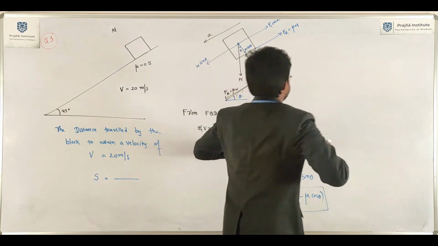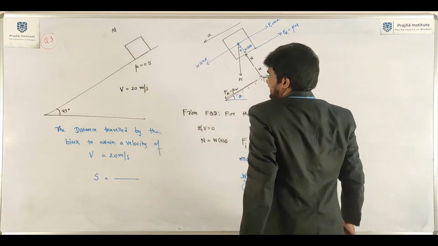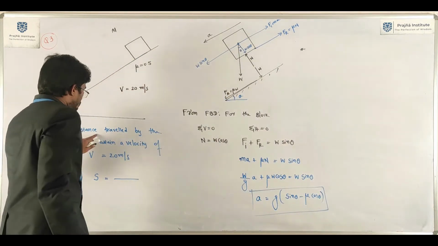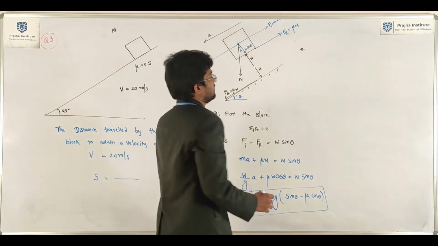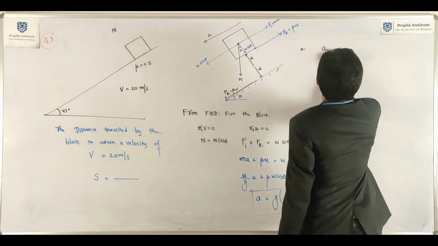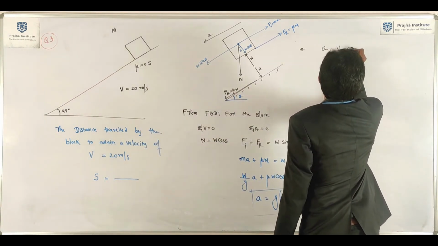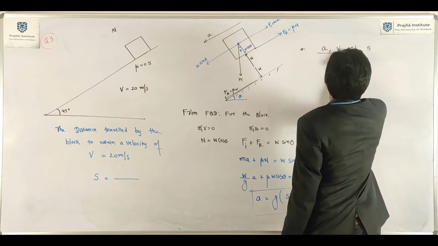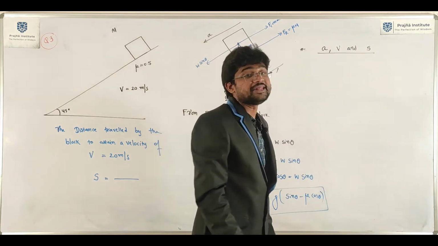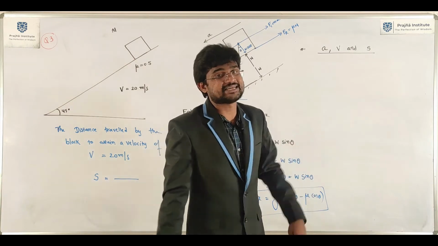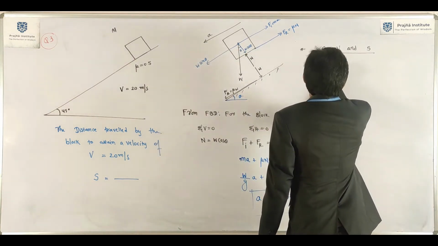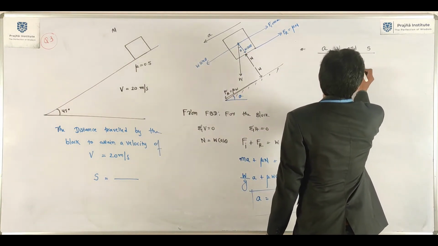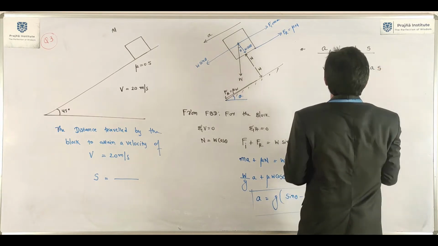Now, they are asking the distance traveled by the block to attain a velocity of v. Acceleration, velocity and distance: what is the kinematic equation? V squared minus u squared equals 2as.